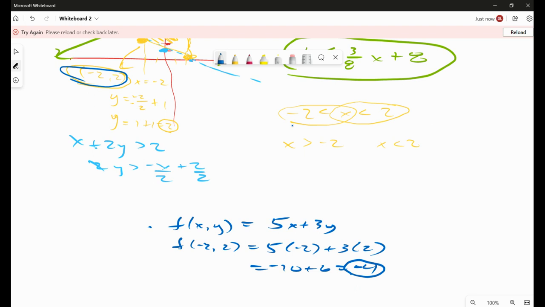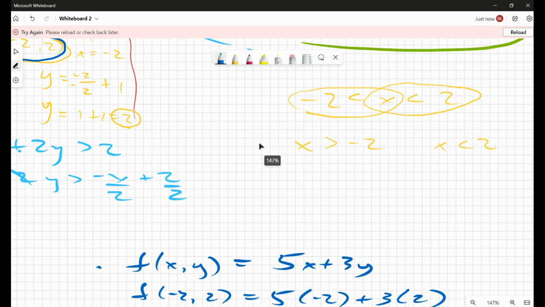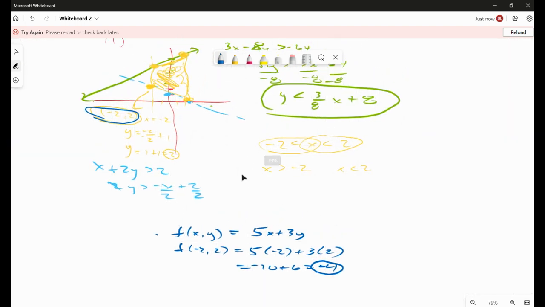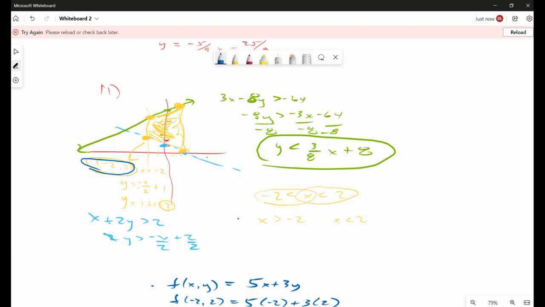Now I go back up here, and this is where I'm going to go ahead and stop, because my computer will get crazy going back and forth. I need to plug in negative 2 to the green equation, and it'll give me my y value that goes here, and I plug that y value down here. And then I do the same thing with x equals 2.